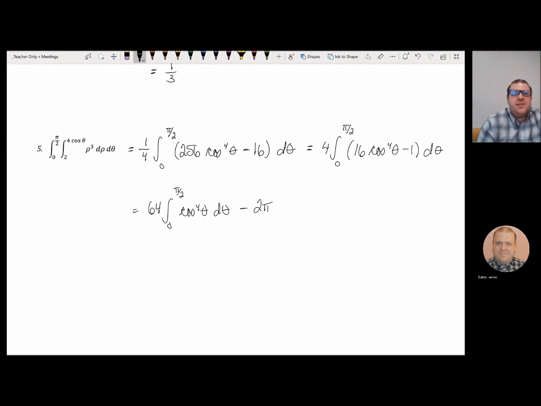Right, so remember integrals are linear. The integral of 1 is just the length of 0 to pi over 2, which is pi over 2. Times 4 is 2 pi, so that's where that -2 pi came from. And then just factor out the 16. You get 64 integral of cosine to the fourth.